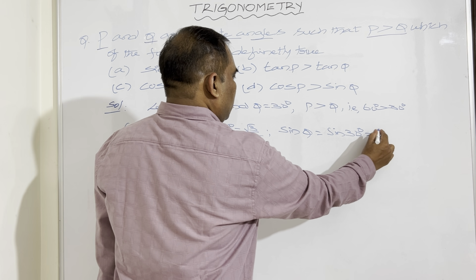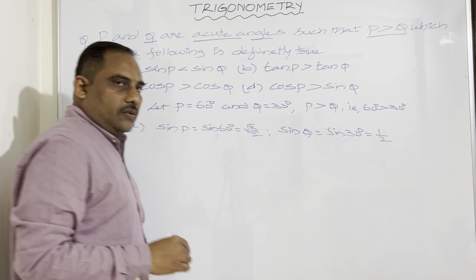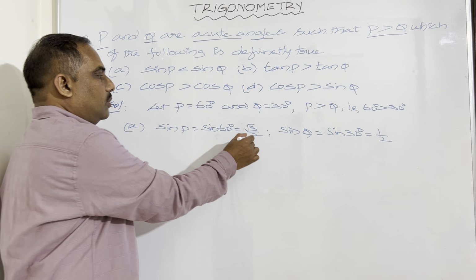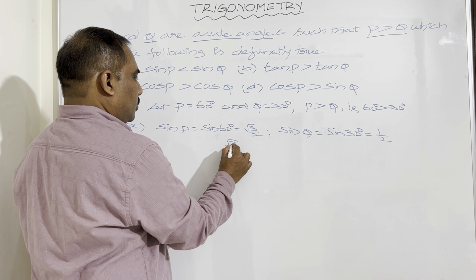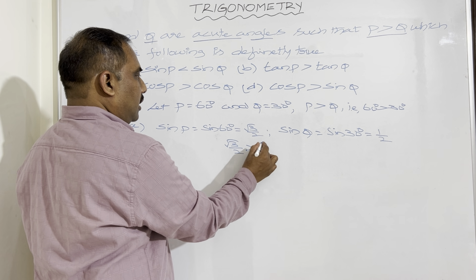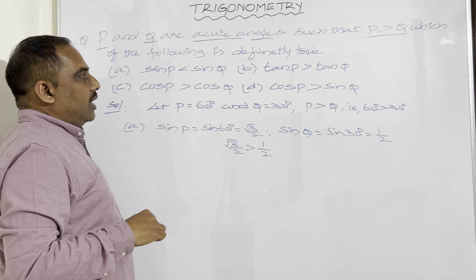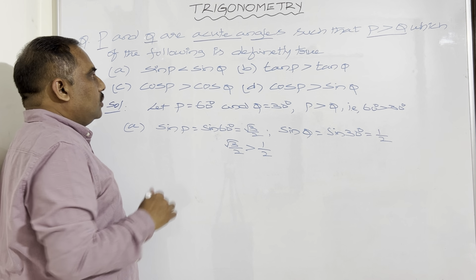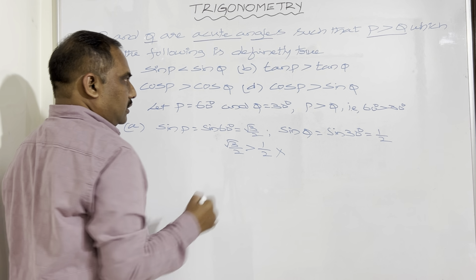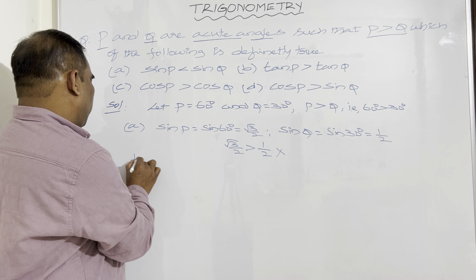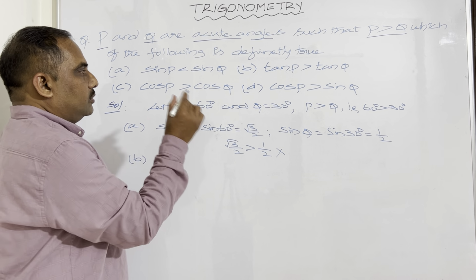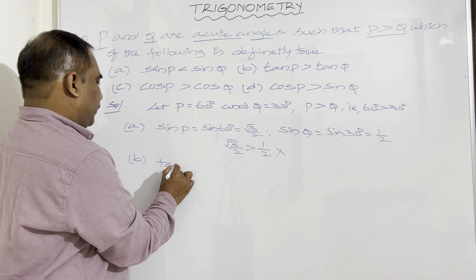Sin 30 degrees value is 1 by 2. If you see, root 3 by 2 is greater than 1 by 2. But here it is given sin P is less than sin Q, so that is not correct.